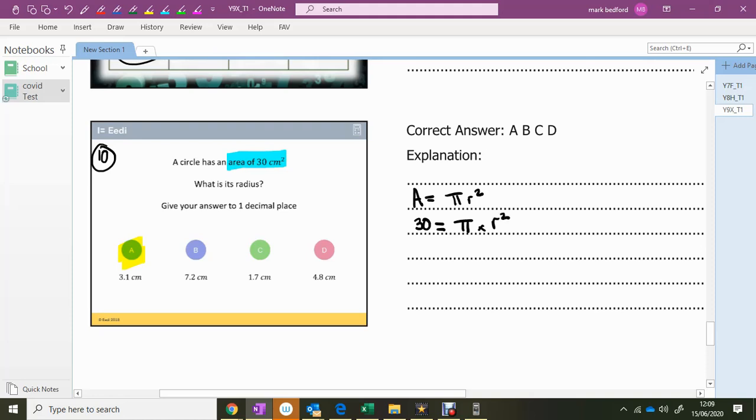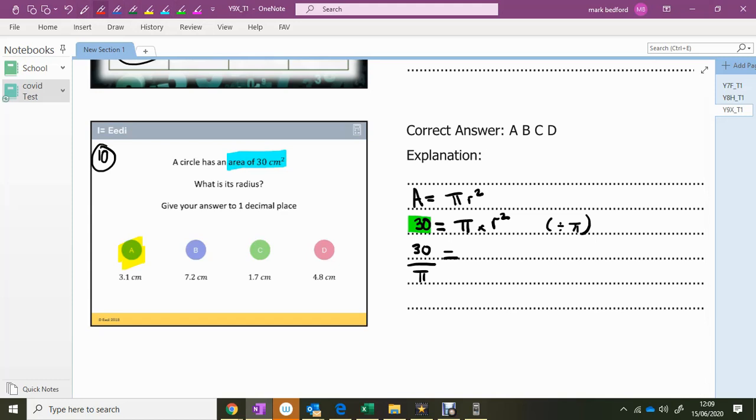To work out what the radius is, I have to divide both sides by pi. See what happens. If I divide the 30 by pi, I'm left with 30 over pi. My equals sign still stays there.